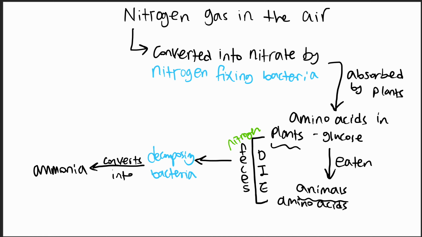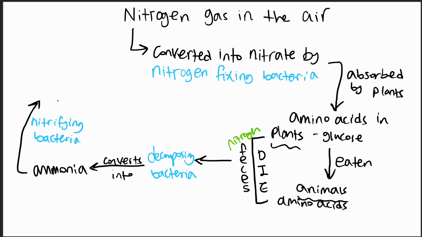And then we have a new bacteria that takes this ammonia, and this bacteria is called the nitrifying bacteria. What do you imagine when you hear the word nitrifying bacteria? It converts the ammonia back into nitrate that's useful.